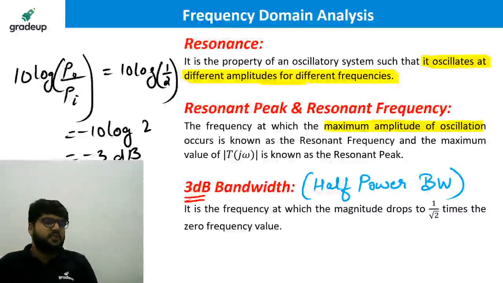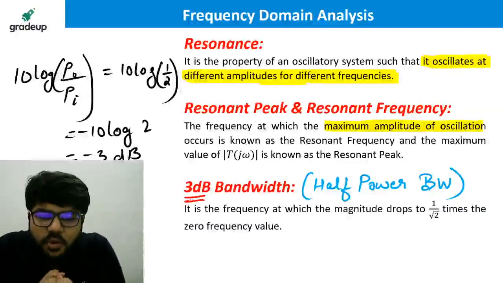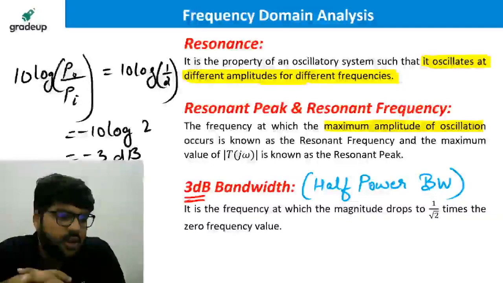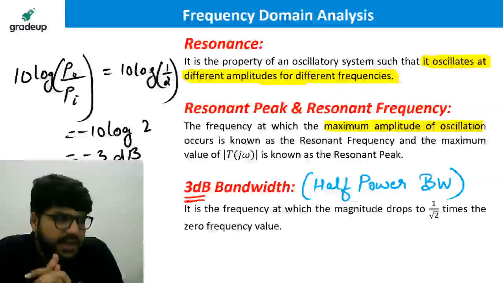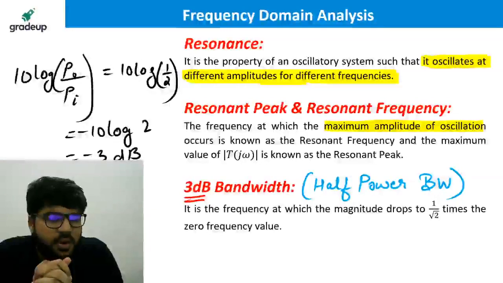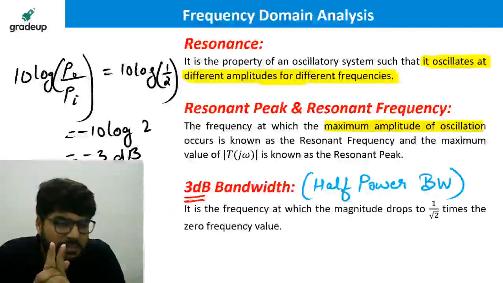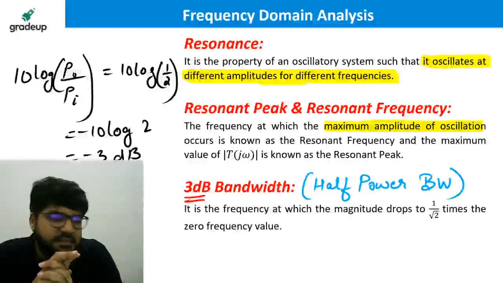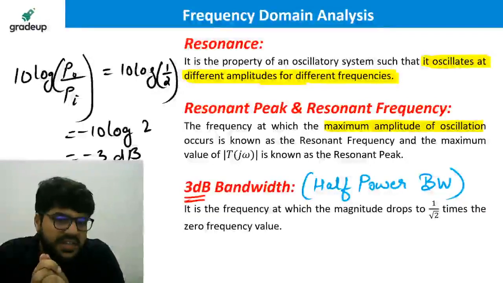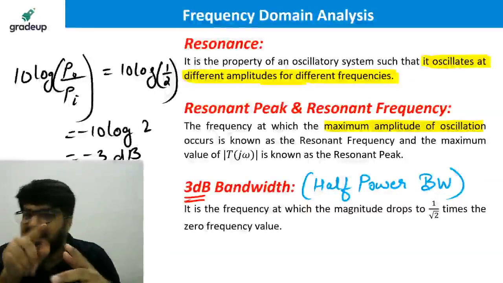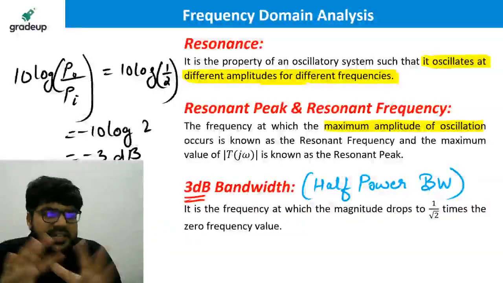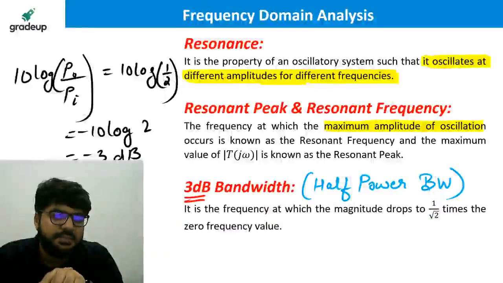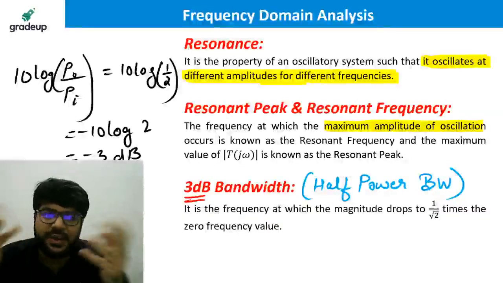Guys, once I start the Bode plots, because the Bode plot is a log plot, there I will give you some important discussions about log. Why we are taking log, what is the help of taking log, why the powers are taken in the form of log. Some students always have confusion about when to take 10 log and when to take 20 log.